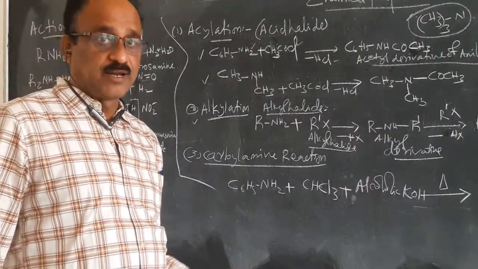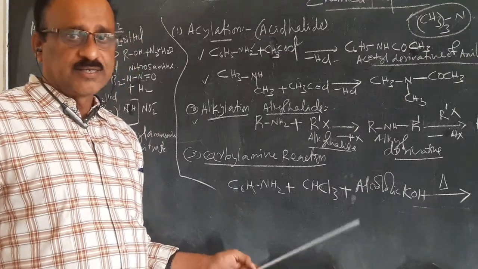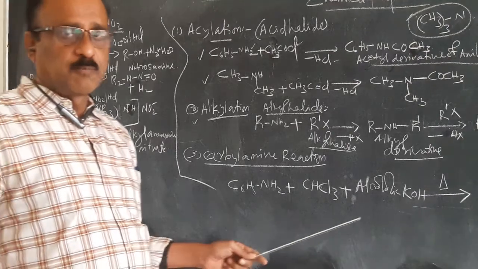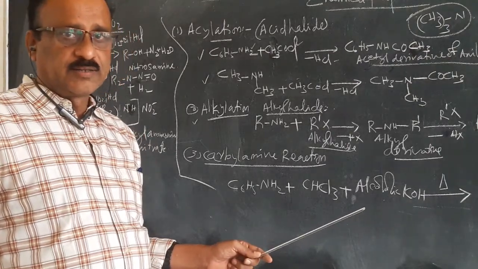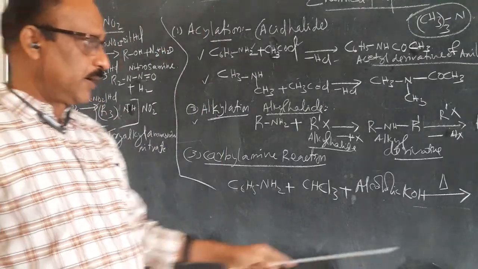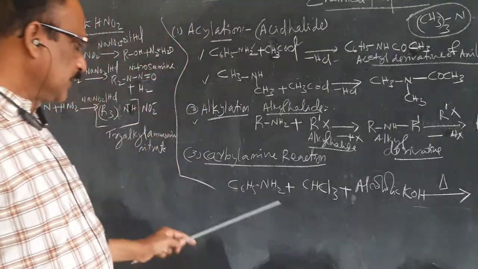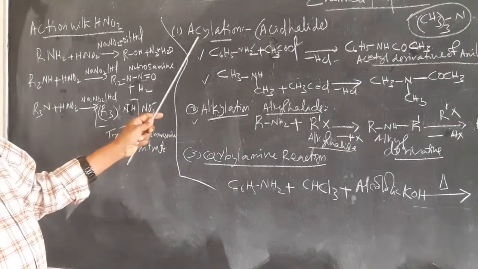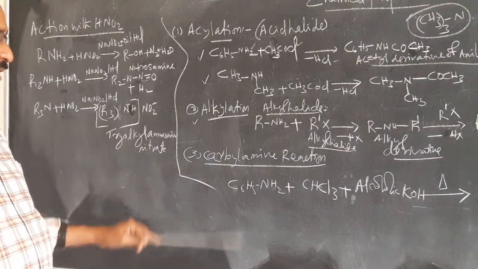You may have heard of methyl isocyanide. It is the gas responsible for killing more than 20,000 people during 1983-84 at Bhopal, which is known as the Bhopal tragedy. So these three reactions are important: acylation, alkylation, and carbylamine reaction.